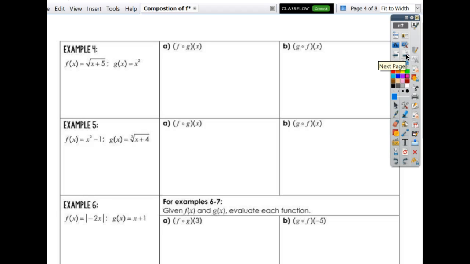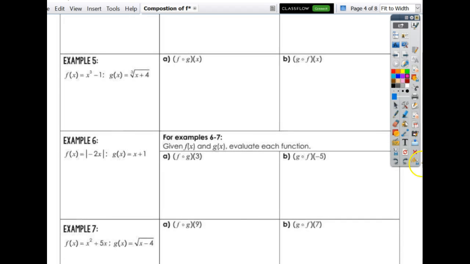Okay, let's do number 5. So on the cubic, is there any restriction? The cubic looks like this.